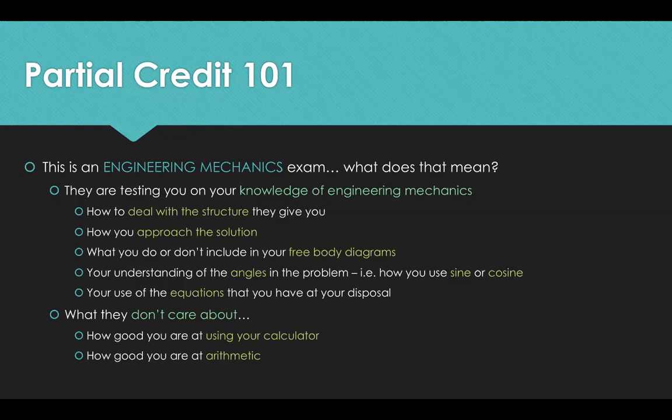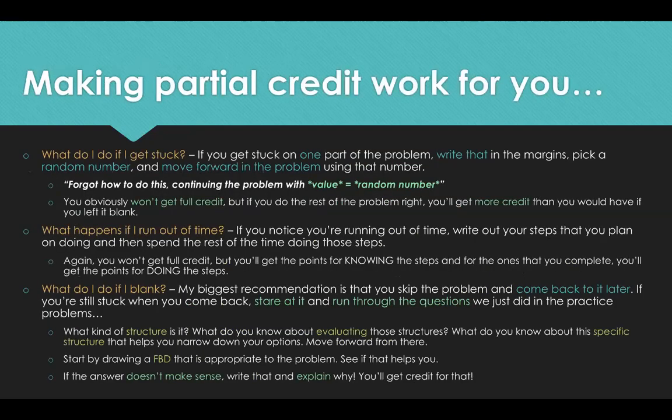So if you get a number wrong and plug it into the equation and get the wrong answer because you used the wrong number, as long as that's not from a fundamental mistake in the mechanics, you should be fine. That'll be minimal points off. But there's a way to finesse that if you get stuck, or if you're running late in terms of the time you have left, or if you totally don't know how to start the problem, right?